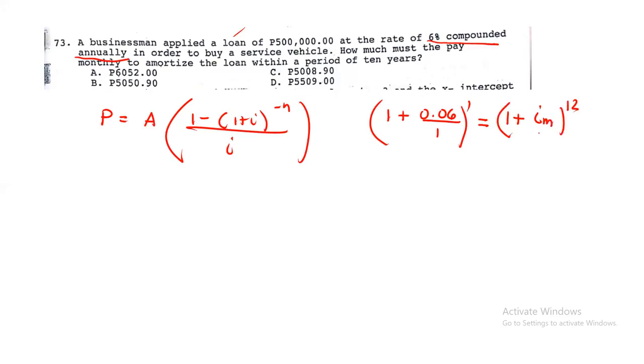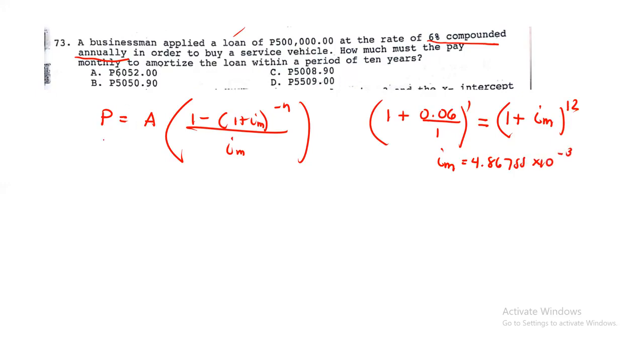You no longer divide by 12 here, and the i here you also no longer divide by 12. So, the monthly interest rate we get is 4.86755 times 10 raised to negative 3.